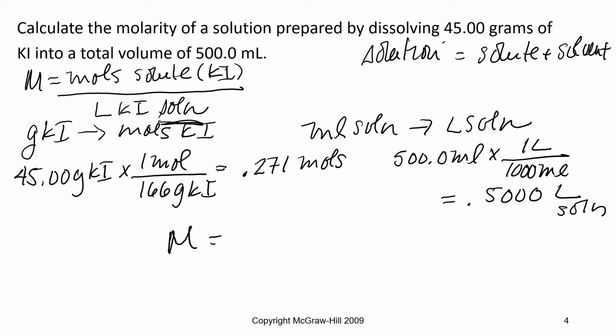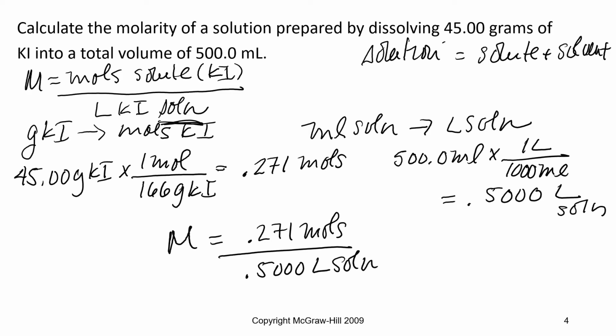And now we can calculate molarity. 0.271 moles divided by 0.5000 liters of solution. And our molarity then is 3 significant figures because we're limited by the moles. 0.542 molar KI solution.